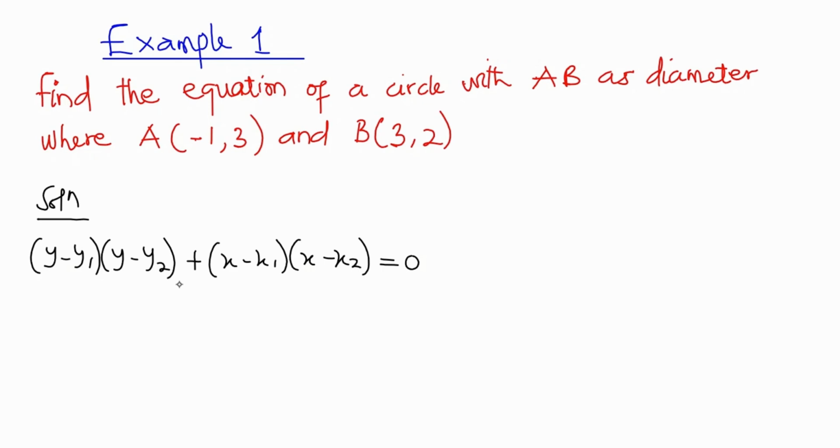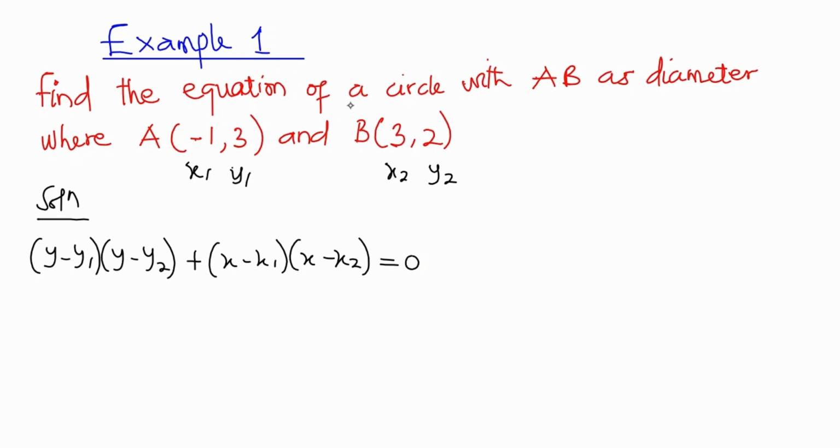We just have to identify what our x1, y1, x2 and y2 are from the coordinates given to us, then do direct substitution. When we take A, x1 is the first point and y1 is the next. When you take B, we have x2 here, and this becomes y2.